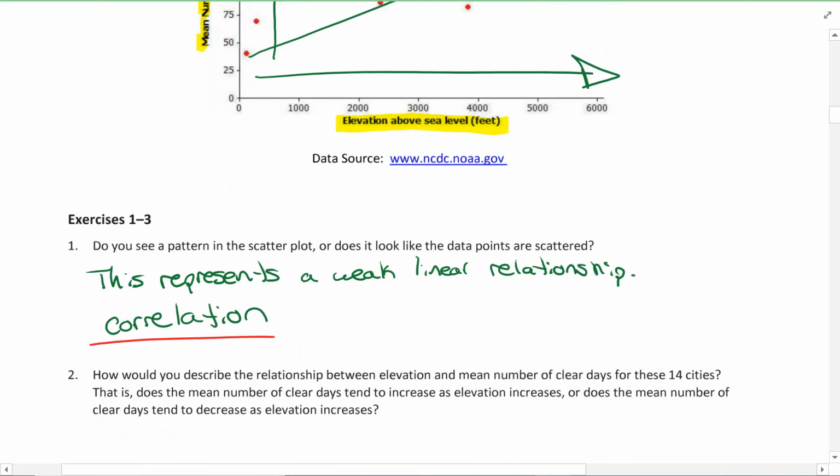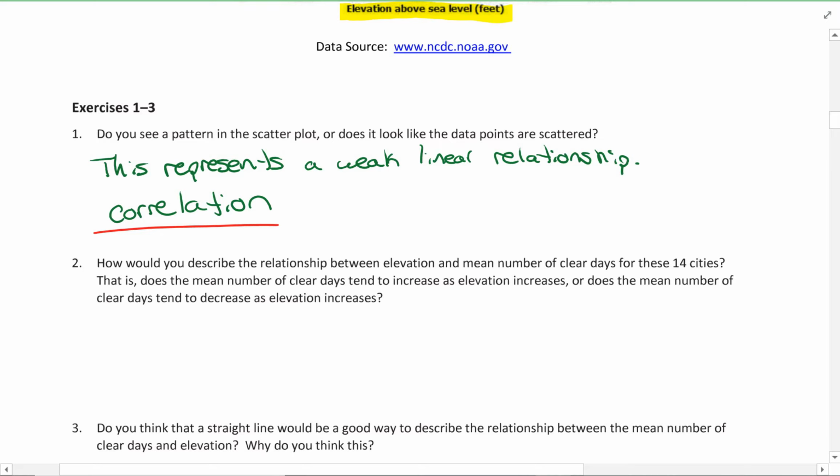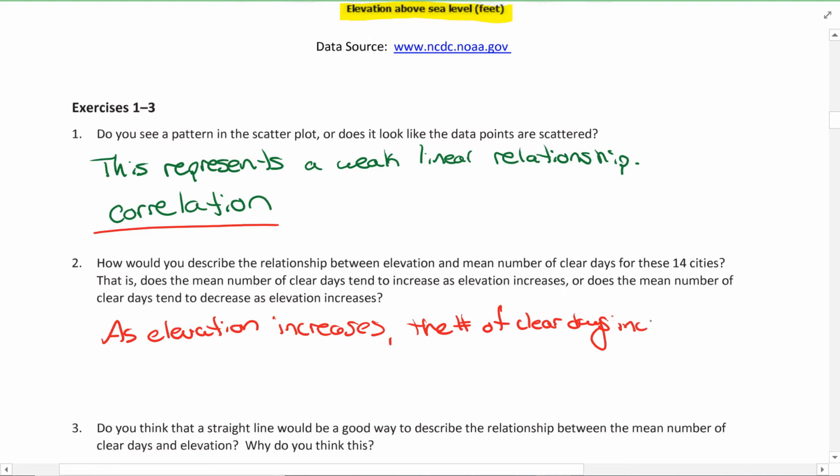So again, as elevation increases, the number of clear days generally increases.